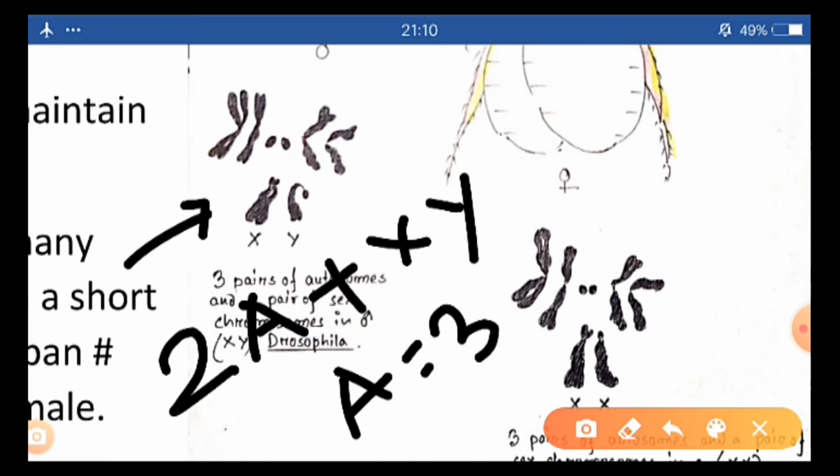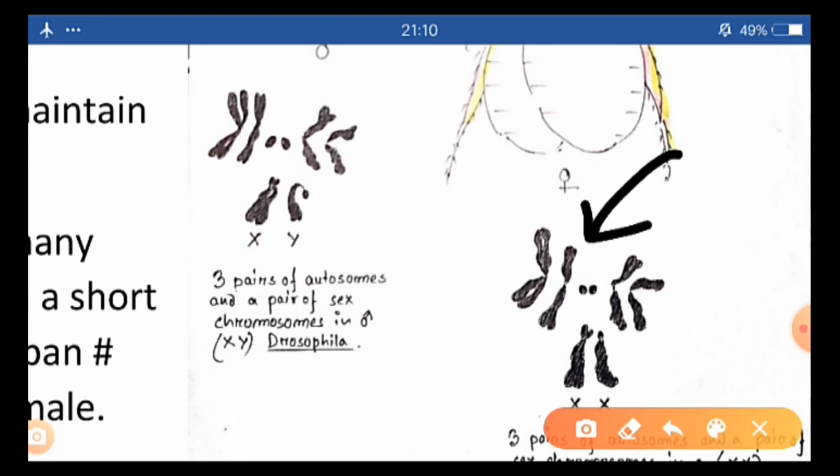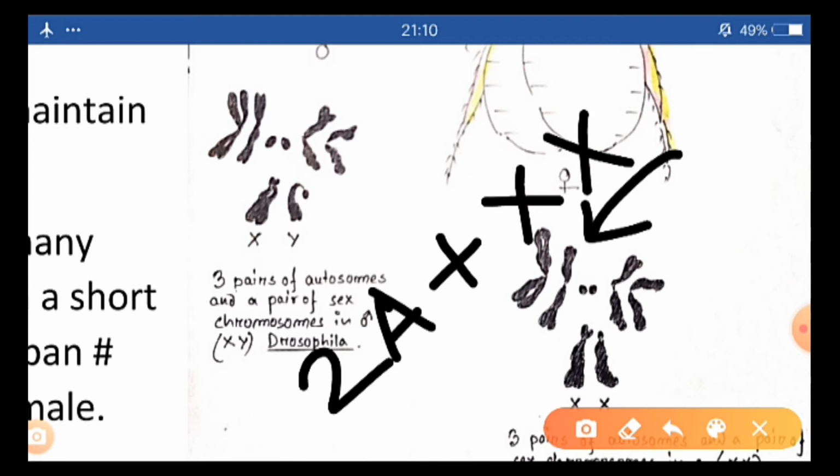That means 2 into 3 is 6, plus 2, 8 chromosomes are present in a body cell, somatic cell. And how can the female be expressed? The female will be expressed as 2A plus XX, where A equals 3.